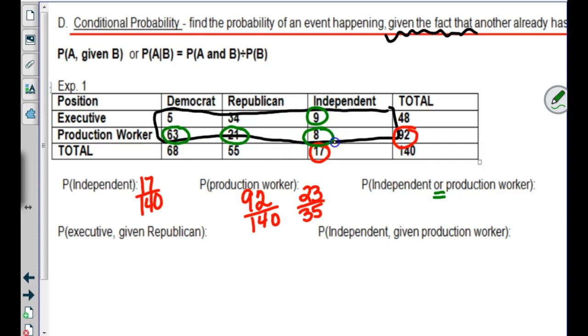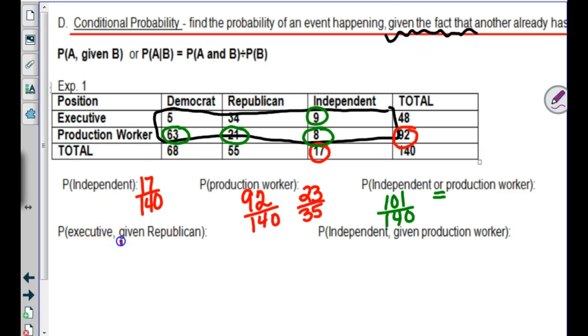Okay. So the easiest way, in my opinion, would be to do the 92 plus these 9, right? All the production workers plus 9 more independents, which is what, 101 out of 140? Everybody okay? All right, these are the two that I'm worried about.